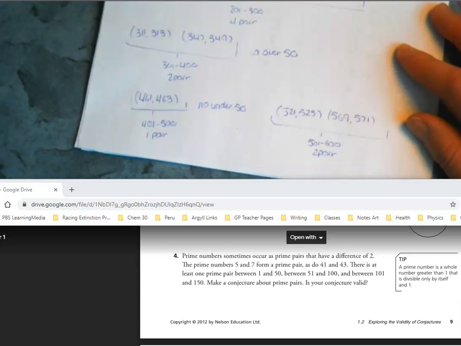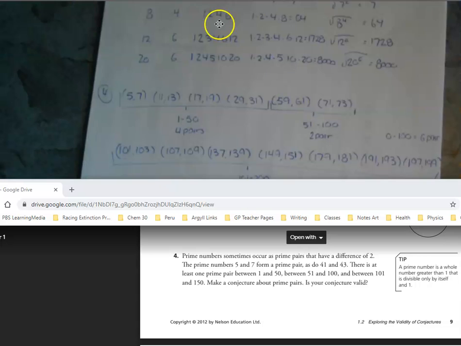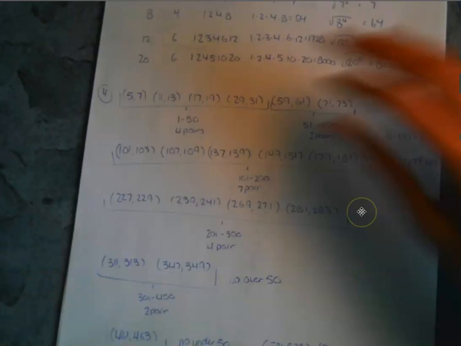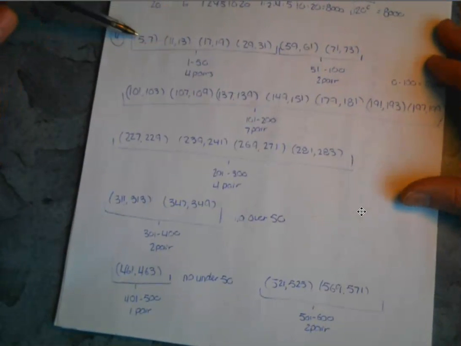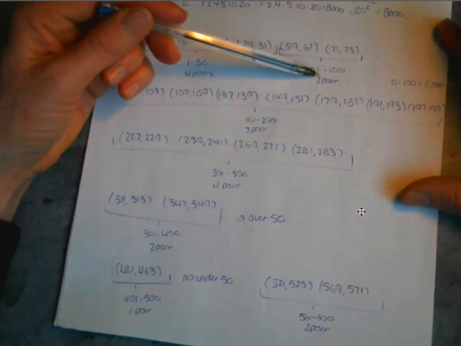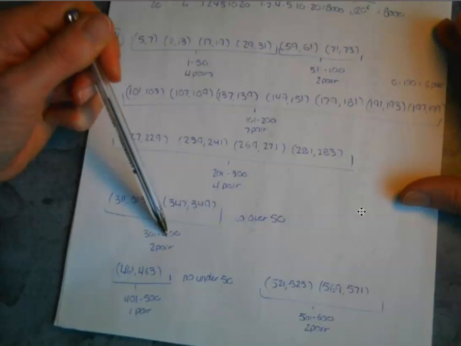So we need to think about what would be the pattern that we can actually state here, because at first it seemed to me when I was doing this, I'm just going to get rid of this question for a second so I have more space on the camera. So at first it seemed like there's 6 total pairs here, then 7 pairs, then 4 pairs, 2 pairs, 1 pair.